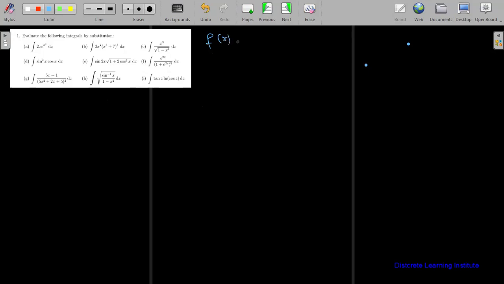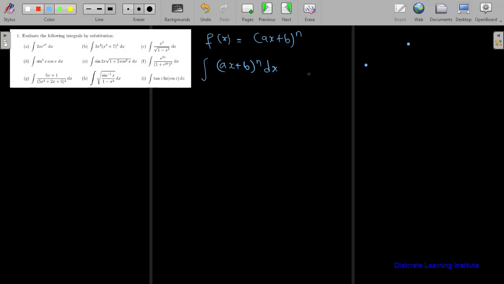If you have a function f of x is equal to (ax plus b) to the power n, when you're differentiating, you use the chain rule. But if I'm integrating a function similar to this one, (ax plus b) to the power n dx, you use integration by substitution, which is also called the reverse chain rule.